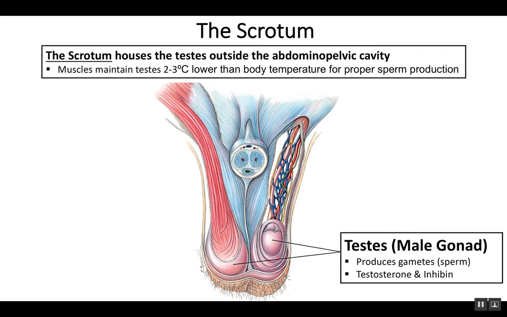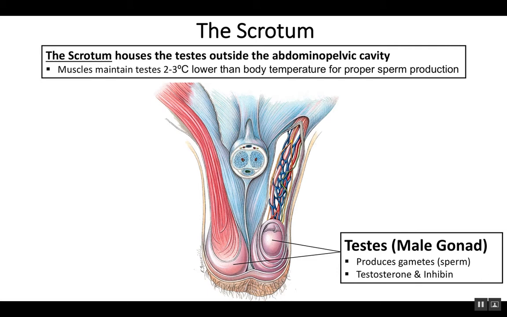Normal body temperature is 37 degrees Celsius. But for proper sperm development and production, the temperature has to be 1 or 2 degrees lower than that. So somewhere around 35 degrees Celsius is the proper temperature for sperm production.